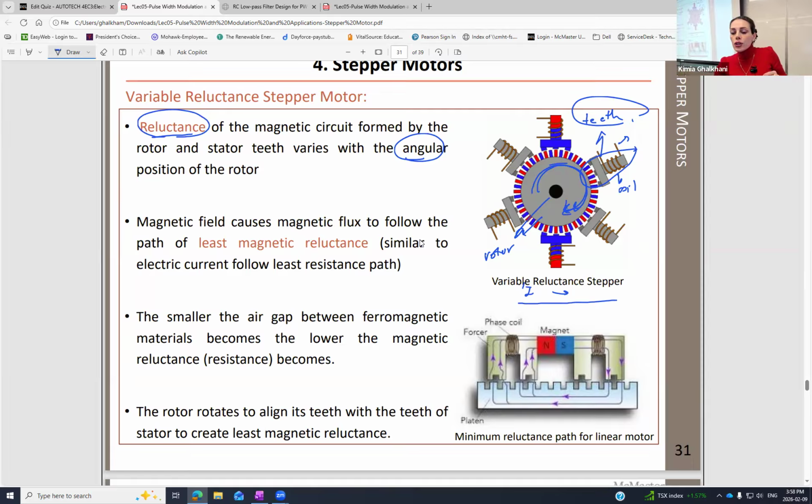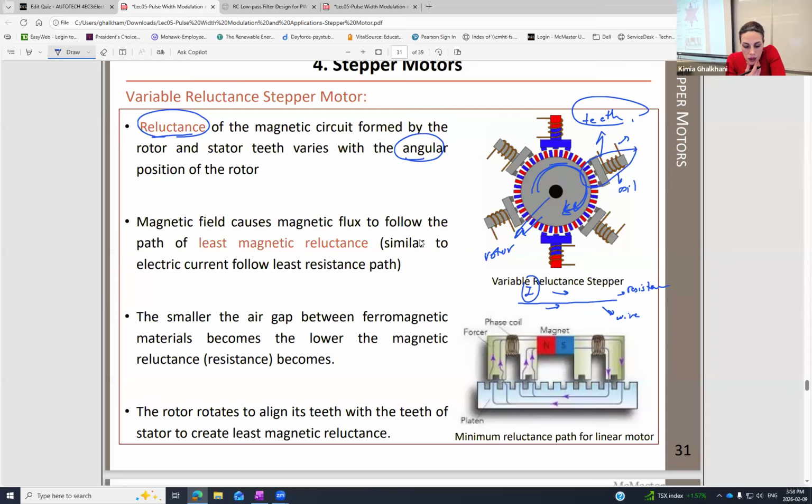If the current is flowing through a wire, for example, this wire is wound here with multiple rotations around this. It's the same wire, but if we have more loops in here, we call it a coil. If it is a single one, we call it maybe a wire. So it's very similar to electric current. Inside this wire or this coil, the wire has resistance.